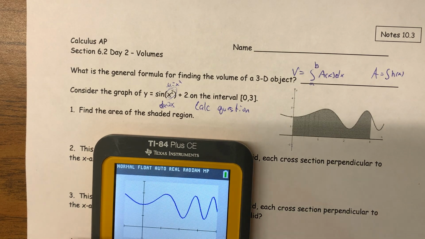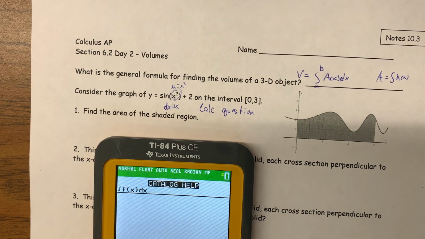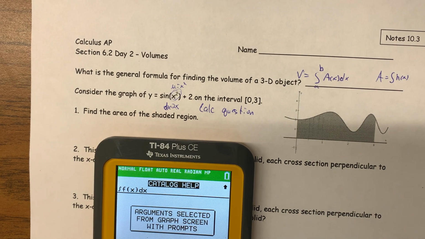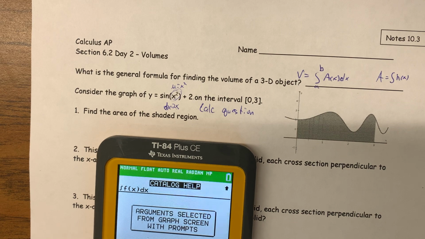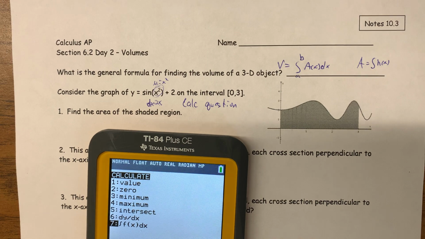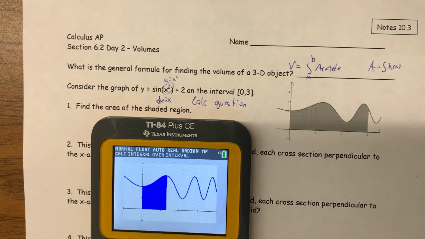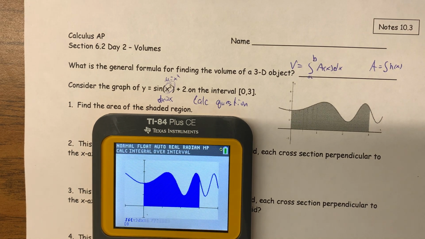And what we're going to be doing is the integral. You can do it in the graph section, or you can do it on the main screen, either way.